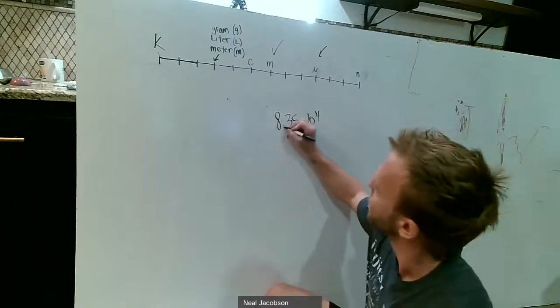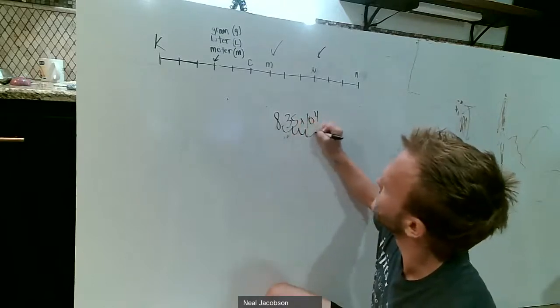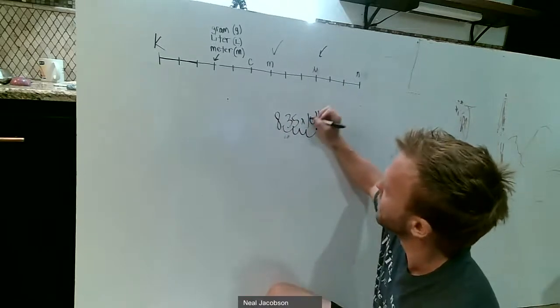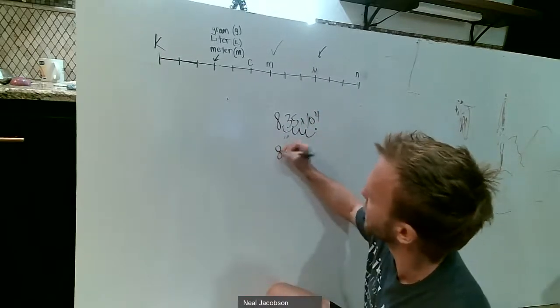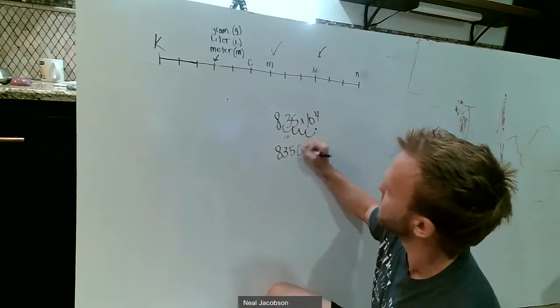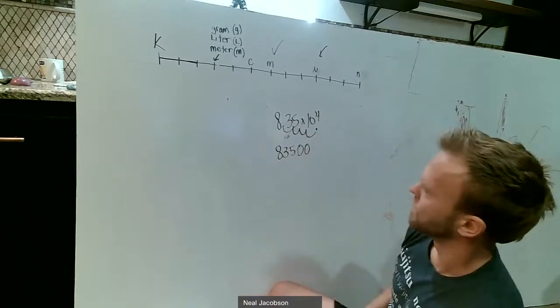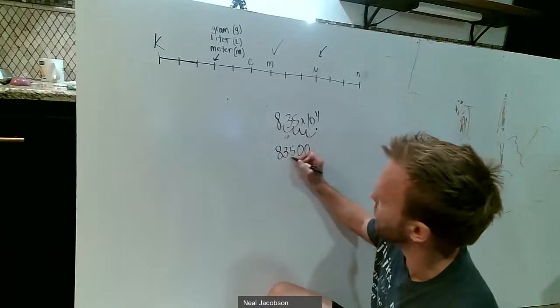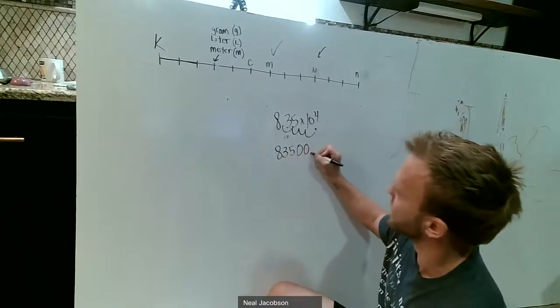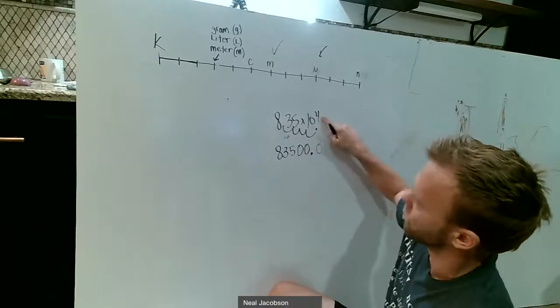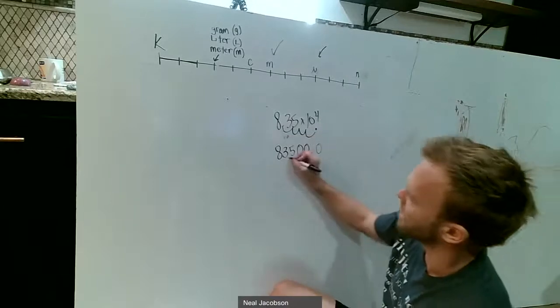Let's figure this out. 1, 2, 3, 4. That's how many places to the right I'm going to move. I'm going to need 2 extra zeros there. So 8, 3, 5, 0, 0. Right, because I started here and I went 1, 2, 3, 4 places to the right. That gives me 83,500.